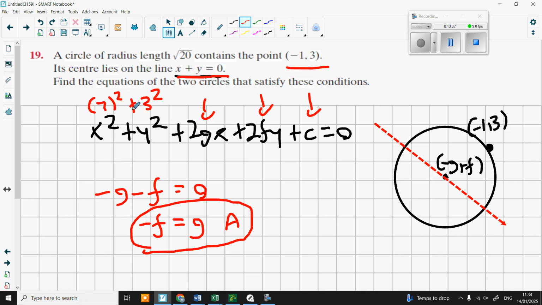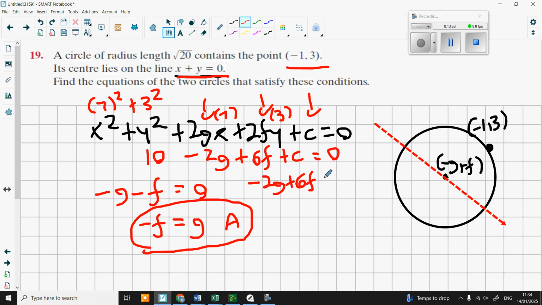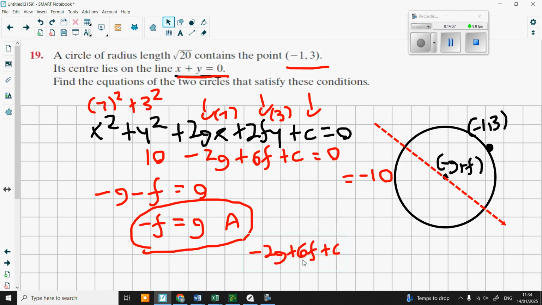Minus 1 squared plus 3 squared, all that equals 10, minus 2g plus 6f plus c equals 0. Then what? Minus 2g plus 6f plus c equals, what do you reckon? Minus 10. Is that all right? Minus 10. So there's my second equation. And we call this B.